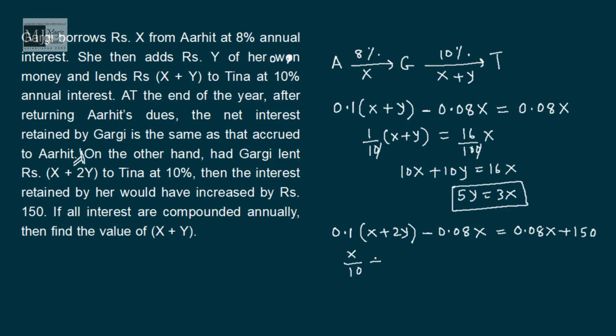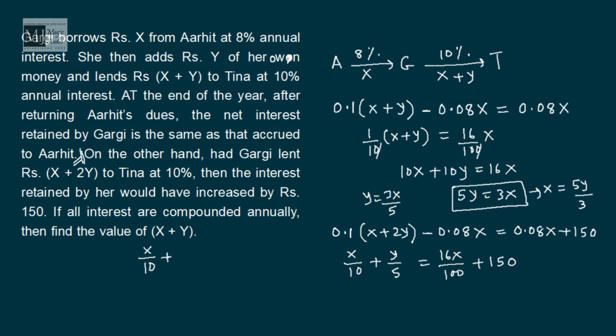So X/10 + Y/5 = 16X/100 + 150. We are looking for X plus Y. From here, what is the value of X we have? X is 5Y/3, or Y is 3X/5. That would be easy to put up.